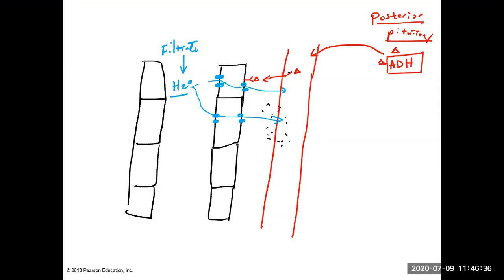Now earlier we mentioned that you had low blood pressure, and as a result of that, you had low GFR because the flow was lower. Now with the help of angiotensin 2, it stimulates the posterior pituitary to release more ADH.